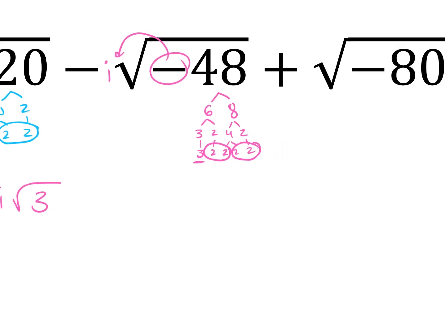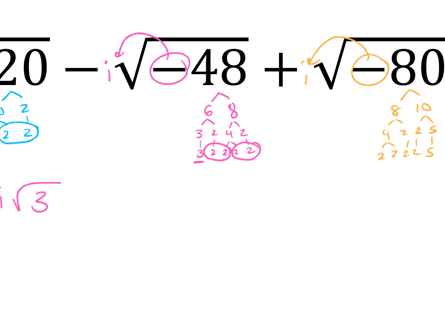All right, let's do the third one. We're going to take out the negative, turn it into an i. What are 2 factors of 80? 8 and 10. 2 factors of 8? 4 and 2. 2 factors of 10. 2 and 5.